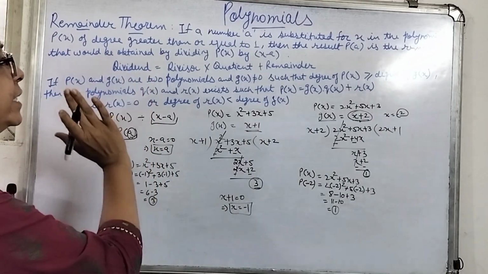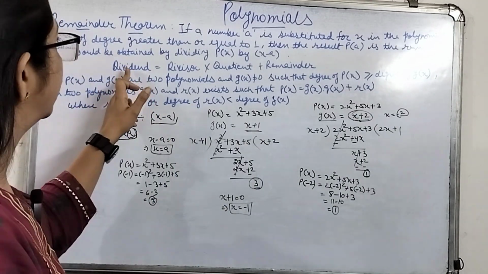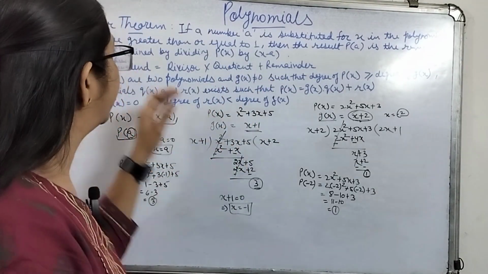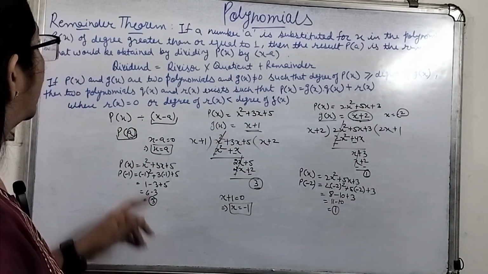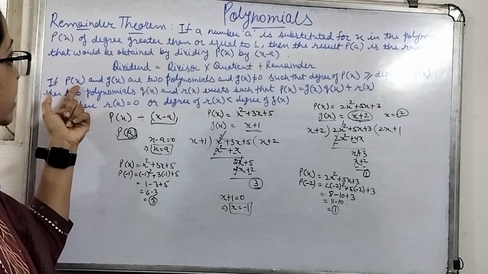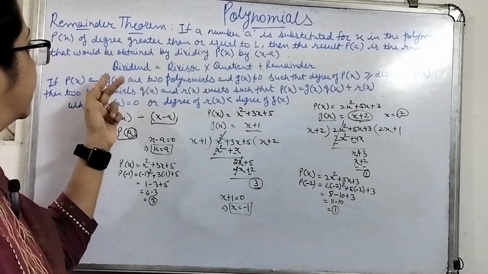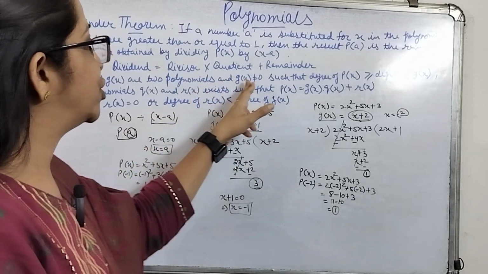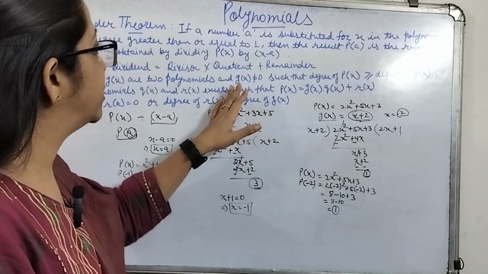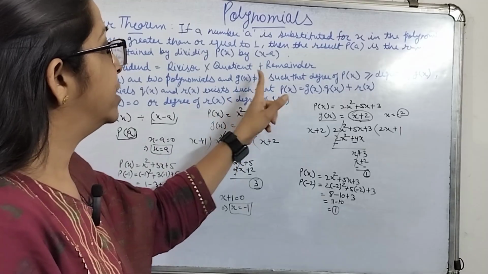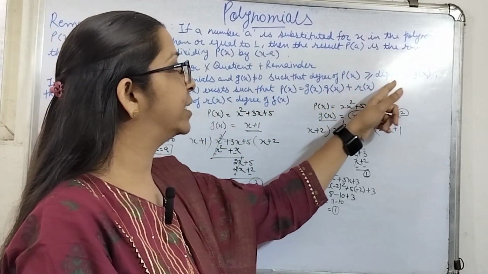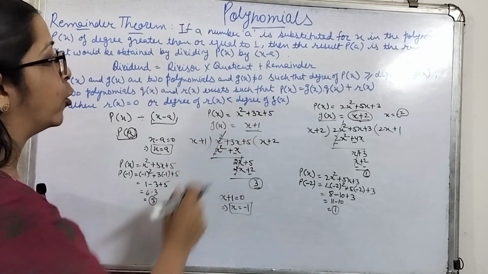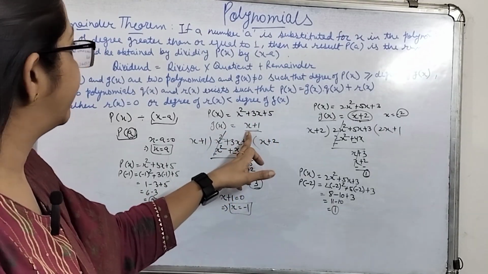Basically we know what the dividend is. Dividend can be written as divisor multiplied by quotient plus remainder. This we have already learned in our previous classes. So if the dividend is p(x) and the divisor is g(x), that means p(x) and g(x) are two polynomials where g(x) is not equal to 0, that means the divisor should not be 0, such that the degree of p(x) is greater than or equal to the degree of g(x). The degree of your dividend should be greater than or equal to the degree of your divisor.